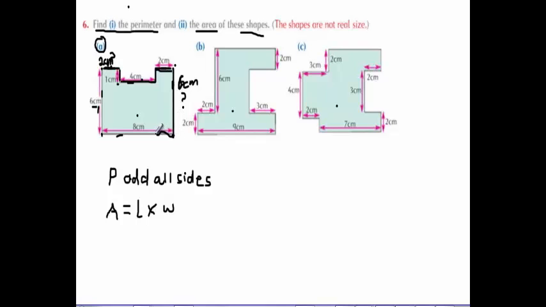And then 22 plus 8, this line along here, and that's equal to 30 centimeters. So my perimeter, after adding all of those sides, is equal to 30 centimeters.